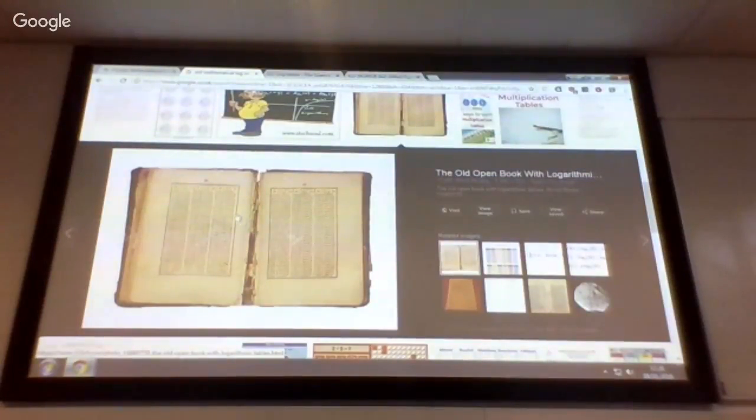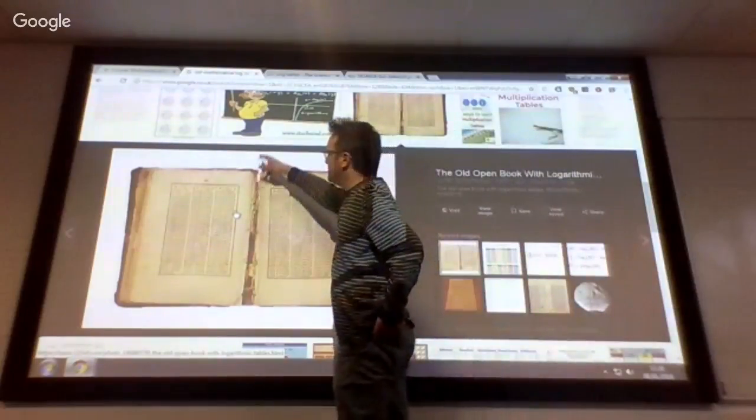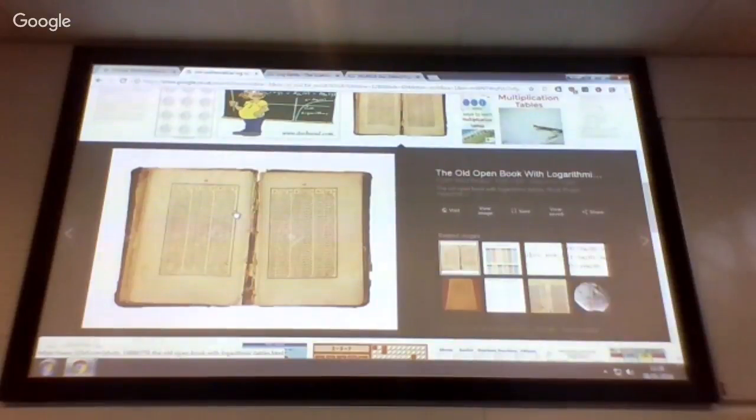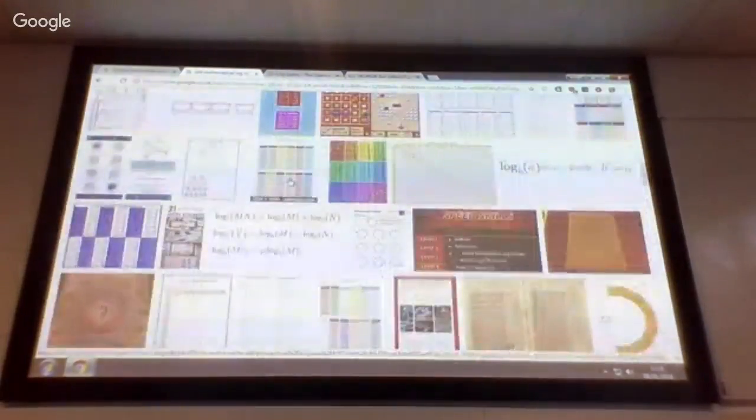These are just some stock photos, but these things have been around for a long time. Hundreds of years ago, people tabulated values of the logarithm function, and they also tabulated values of the exponential function.